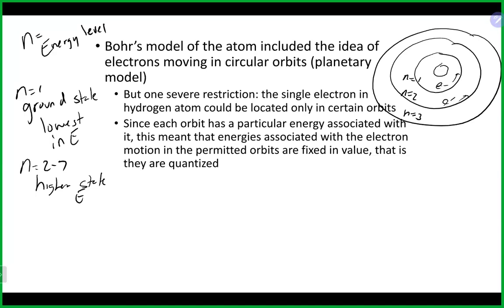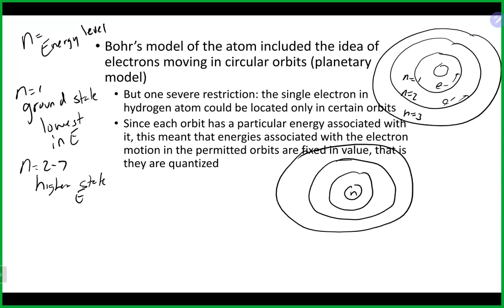Now, his idea was that you had the nucleus and these orbits, and an electron had to be stuck in one of those orbits, orbiting around the nucleus. It couldn't be found anywhere else. It's got to be there. And if that electron wanted to move energy levels, it would gain or lose enough energy to transition fully to the next orbit.